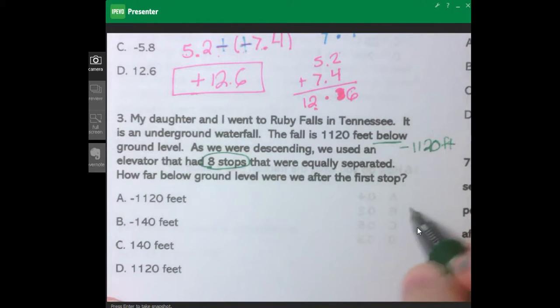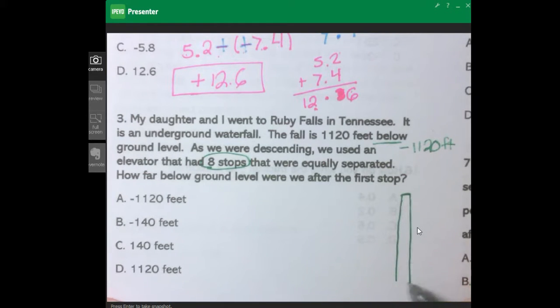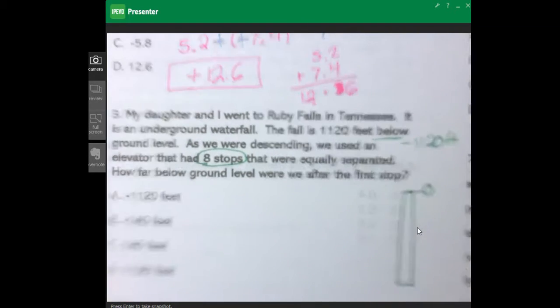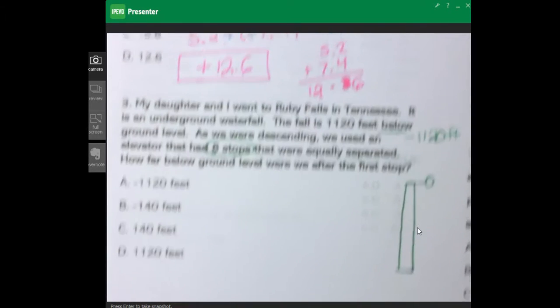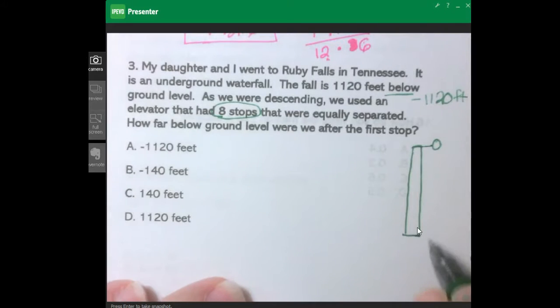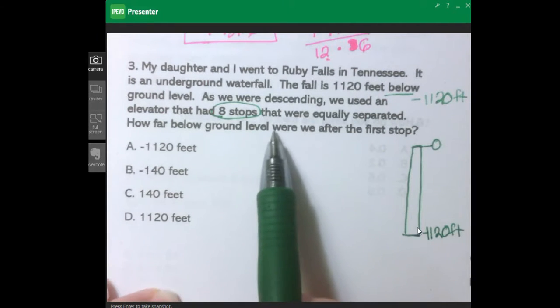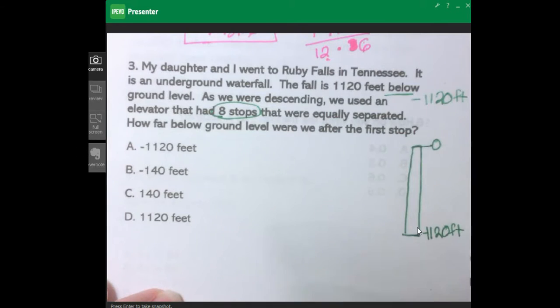I'll draw a little picture: we have our elevator going down, ground level at 0, and the very bottom at negative 1,120 feet. Now, the elevator stops 8 even times.